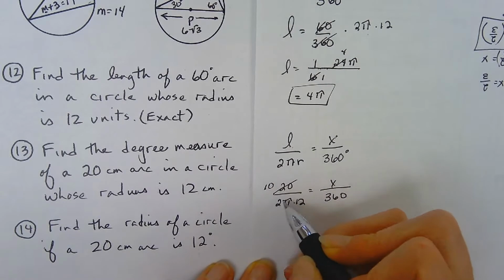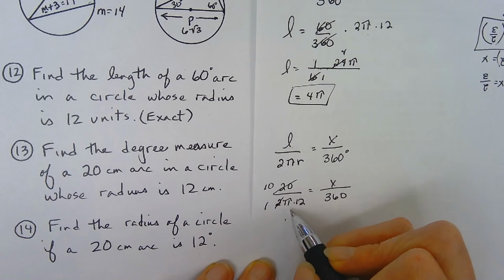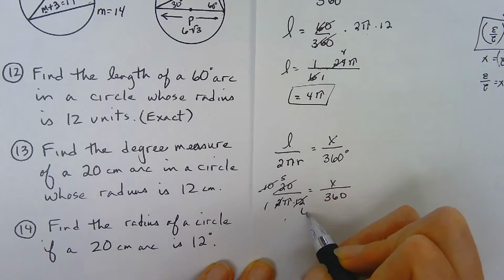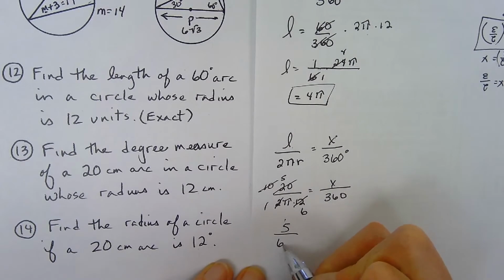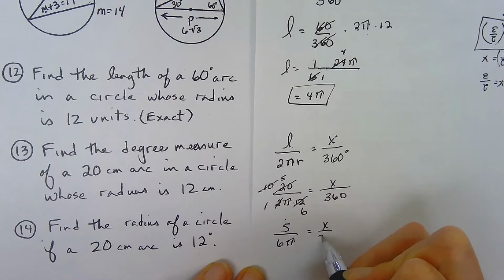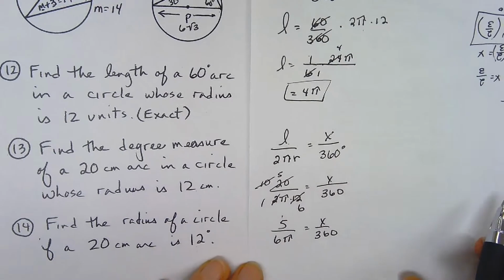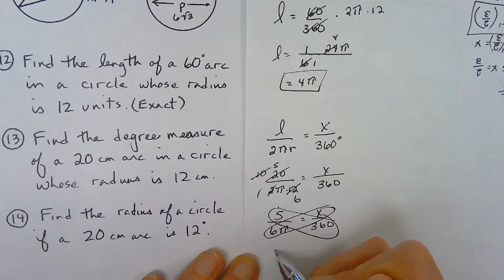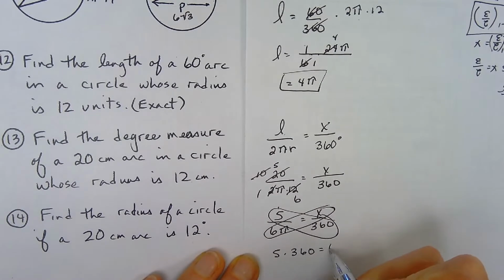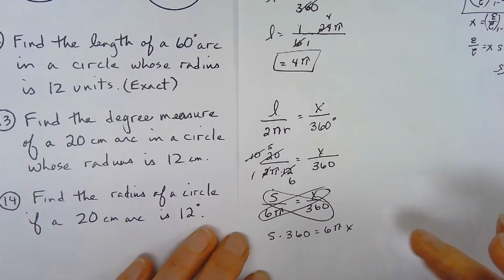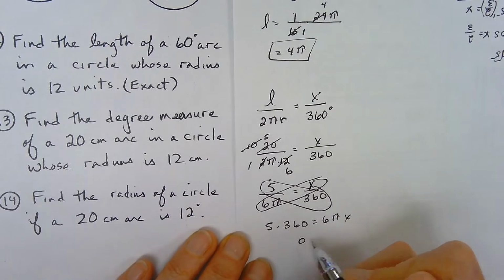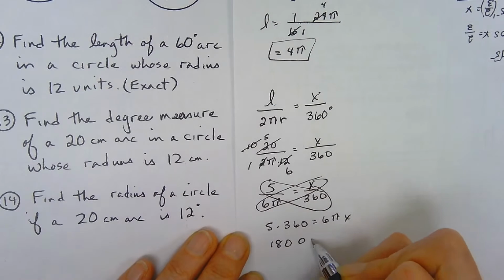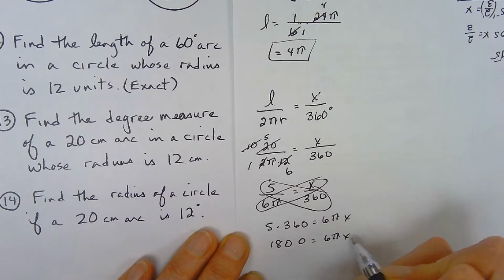This can be canceled with this, so I get 10 over pi times 12. I can divide that by 2, that's 5. Divide that by 2, that's 6. I get 5 over 6 pi equals x over 360. Now I'll cross multiply. 5 times 360 equals 6 pi times x. 5 times 360 is 1800, and that equals 6 pi x.